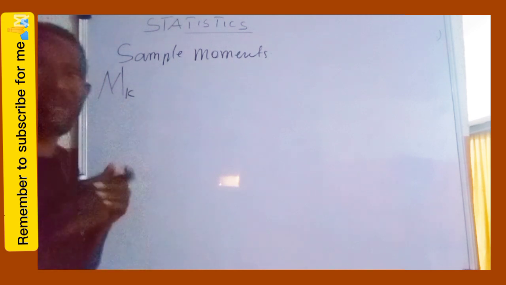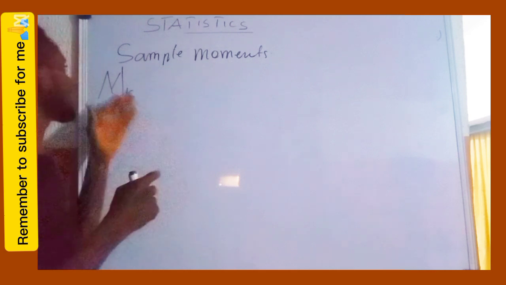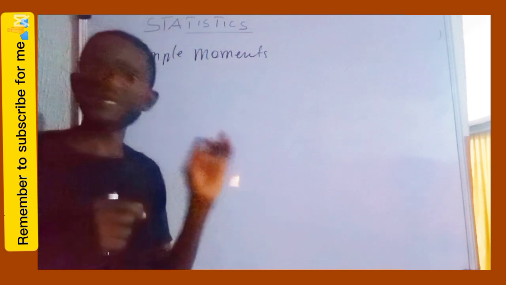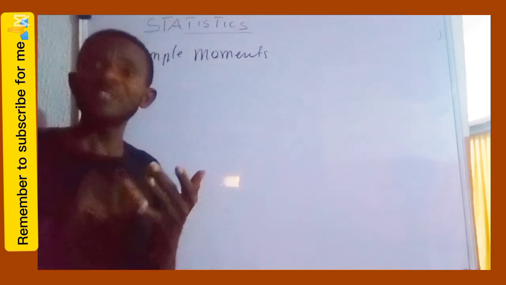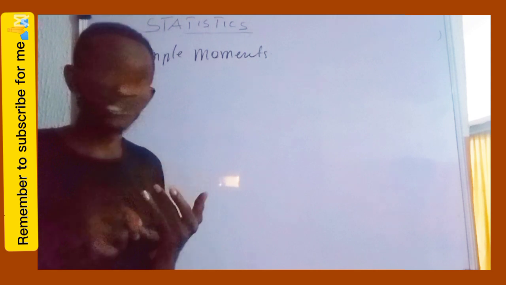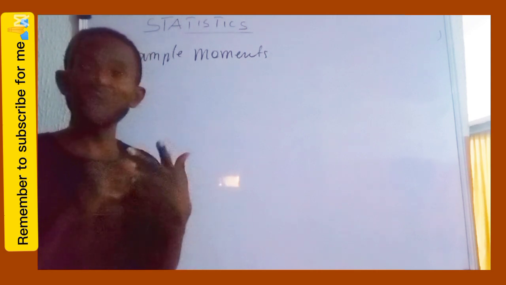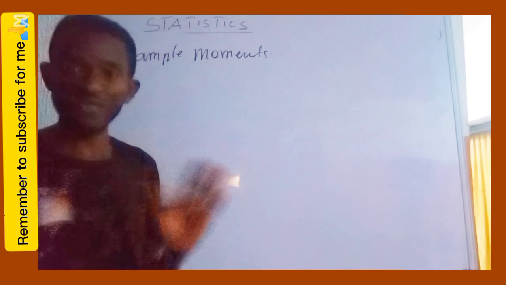So the question is, how do we express this? Do remember that we will be talking about the sample moments about the origin, 0, and then the sample moment about the mean of the random variable, say x or y or anything which you have defined it to be.